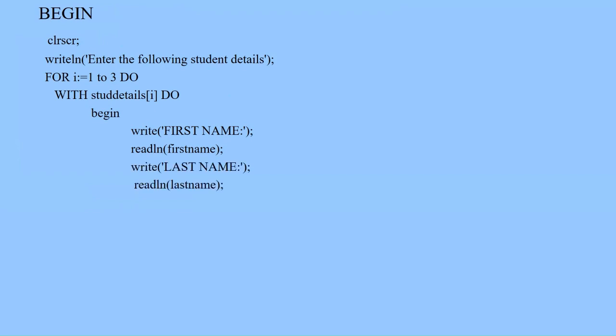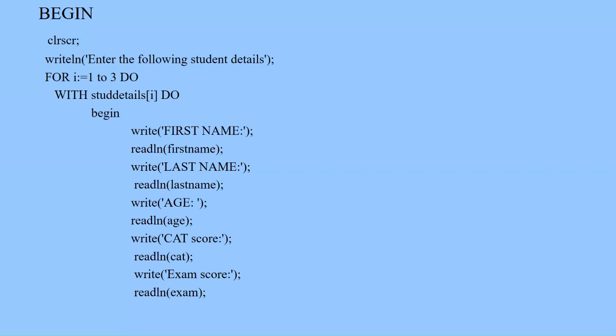The last name will be read and stored in the member for the first record. We read also age, cut, then exam score. So the values would have been entered for the first record.